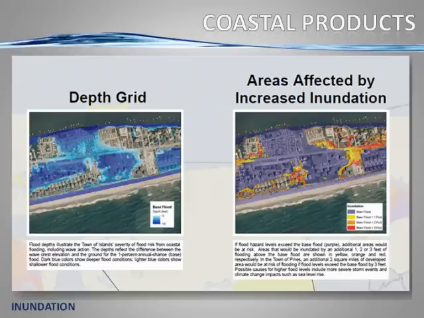The red area is the base flood elevation plus 3 feet. So you can see it expands all the way into this area. So if you have a storm surge that's, God forbid, higher than the 1% flood, then this will give you a good idea of which areas would inundate first.